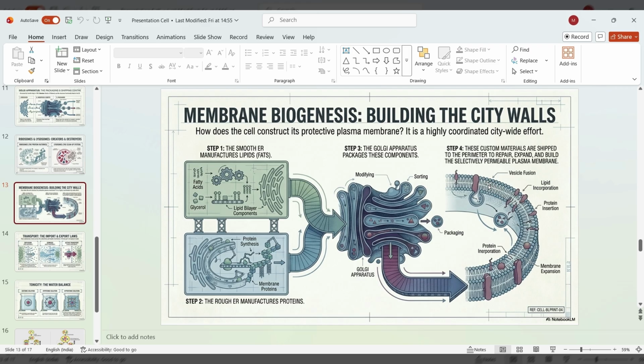You can see this structure is the cell membrane. It is composed of lipid and protein. The smooth ER and the rough ER transport this lipid and protein to the Golgi bodies for modifying, sorting, and packaging. Those packets go to the cell membrane, and in this way the selectively permeable, or semi-permeable, membrane is formed.